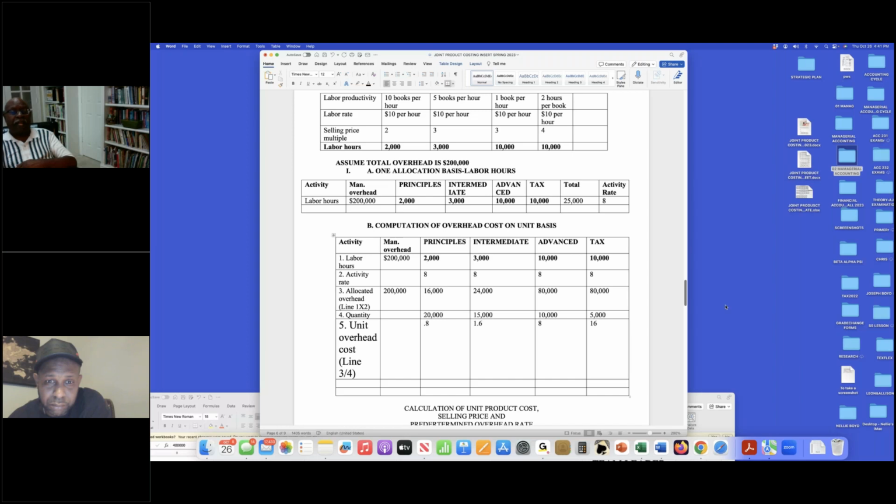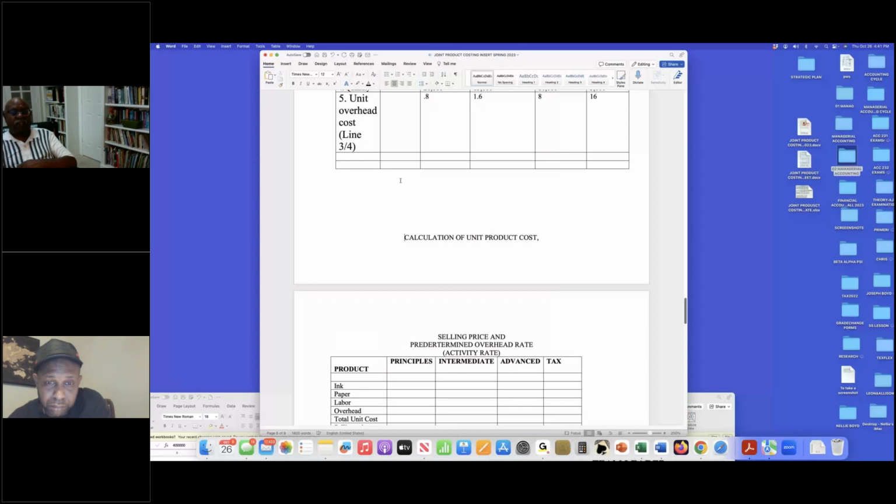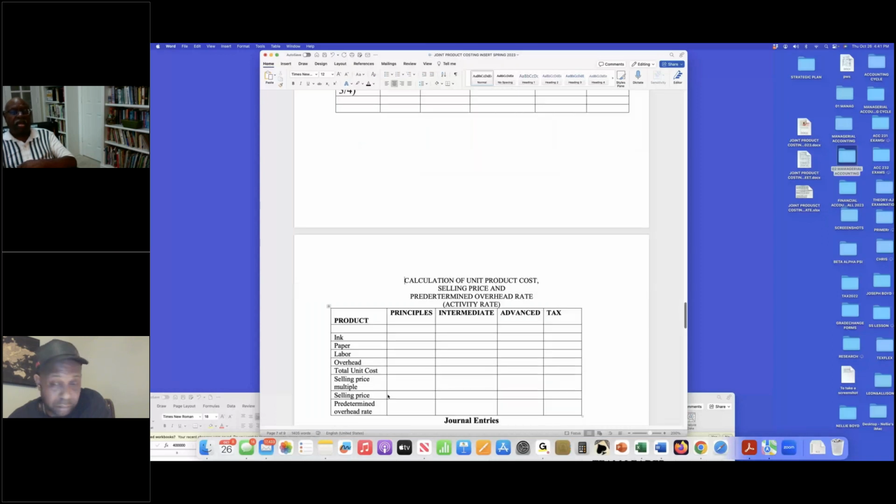So now we got to calculate, we'll come back to it: total unit cost, selling price, and predetermined overhead rate.